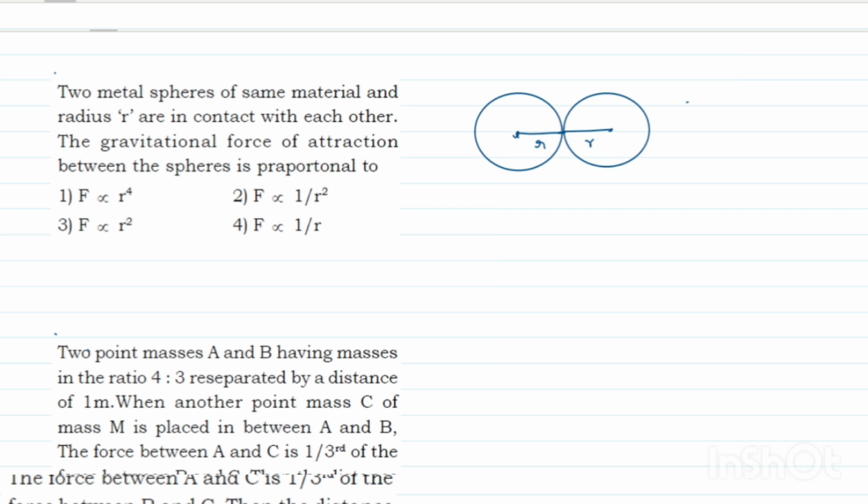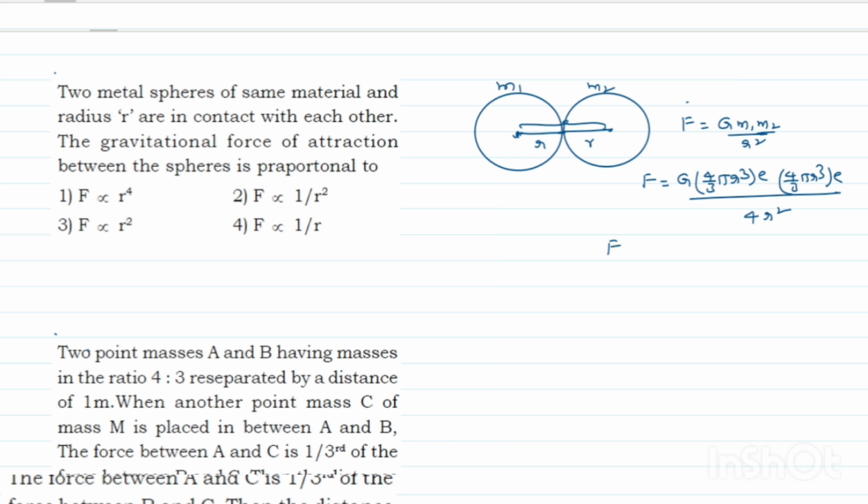It is nothing but F equals G M1 M2 by R square, which is the basic formula. Let us take these as M1 and M2. Writing mass in terms of volume and density, F equals G into 4/3 pi R cube into rho, and the other sphere also 4/3 pi R cube into rho, divided by the distance of separation squared. The distance between the centers is 2R, so 2R whole square gives 4R square.